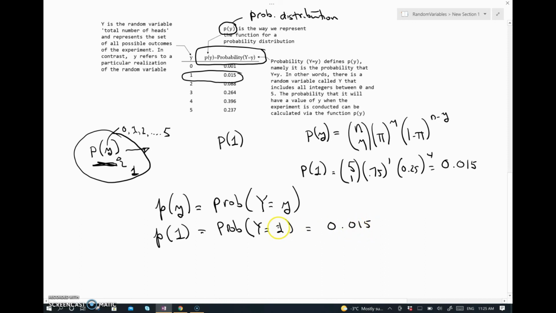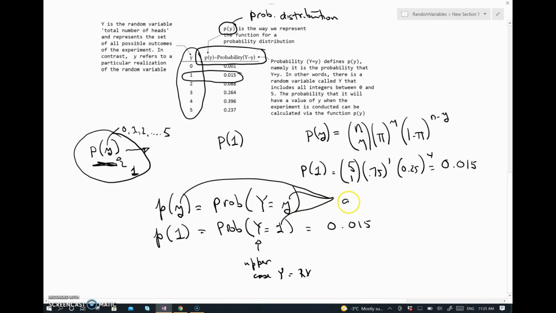So what's going on here is that uppercase Y is the random variable. It's the set of all possible values of the number of red marbles that might have been realized. Lowercase y, this value of 1, is the actual number of red marbles.